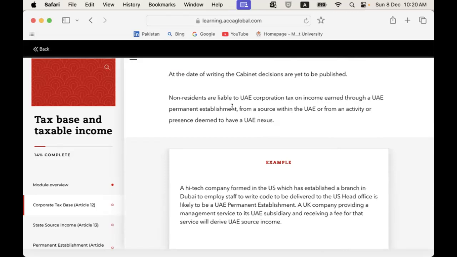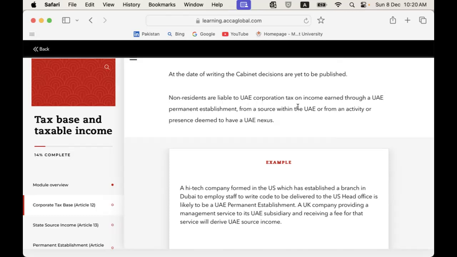We are in the second stage of the second module of the corporate tax, so after completion of the course I would share the decisions. Some of you may not be practitioners as such, but it is a good idea to have the decisions. At the very least you should study the decree law, because it will set up your base.